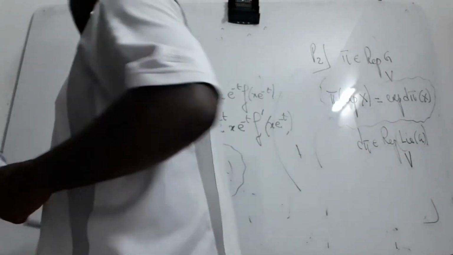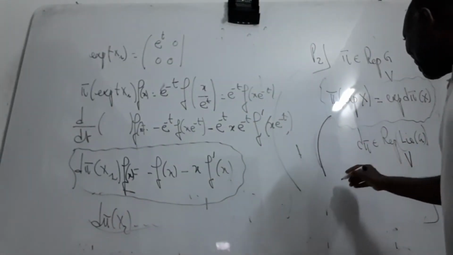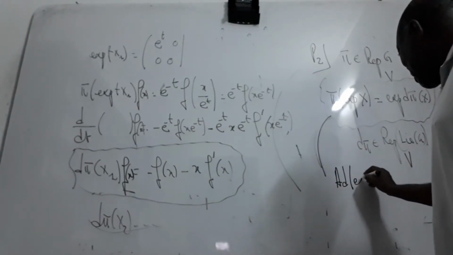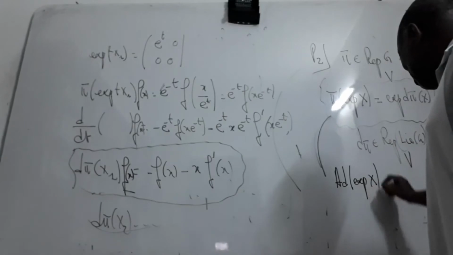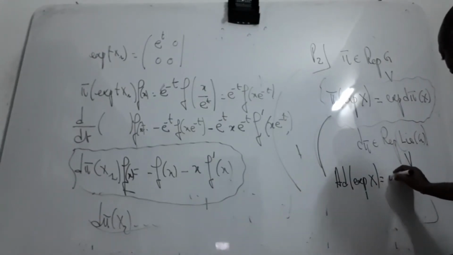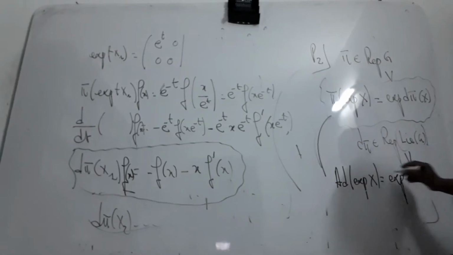From here, you can also prove that you have the adjoint of the exponential of x, because this one is an element of the group, is also equal to the exponential of the small ad, the adjoint of the algebra.